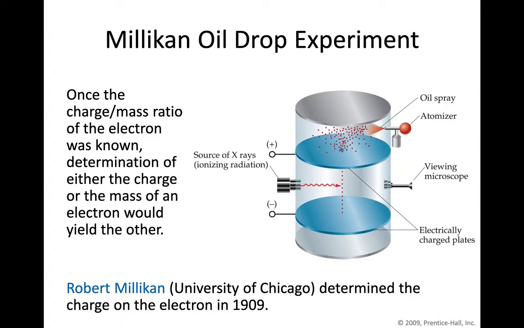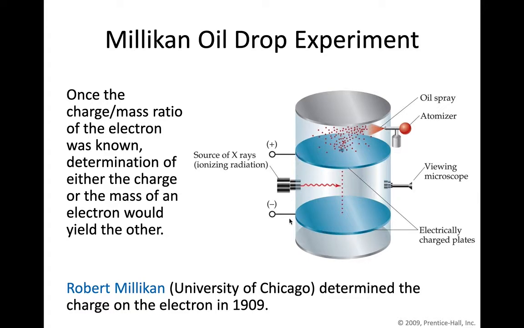This experiment allowed him to determine the charge on the electron. So what he did was essentially he's got an atomizer here spraying in oil droplets that fall through this very small tube in this plate. And once they are between these two plates, they get ionized. So they become negatively charged. They pick up electrons.